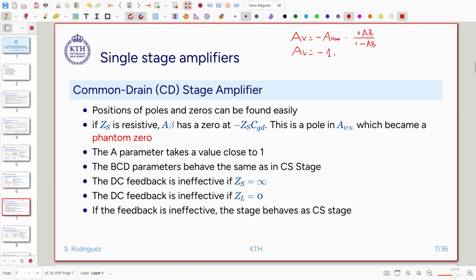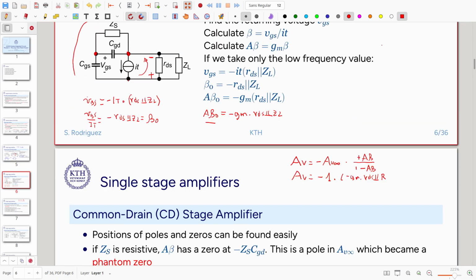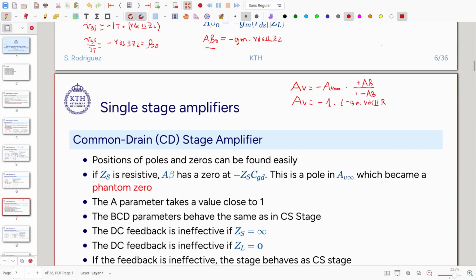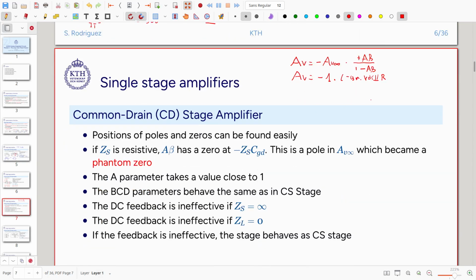and then we will have minus GM times RDS in parallel with zeta L. We can put it assuming that my load is resistive.